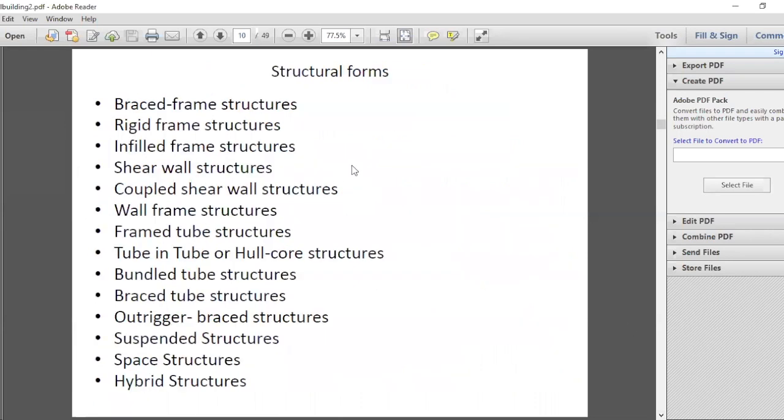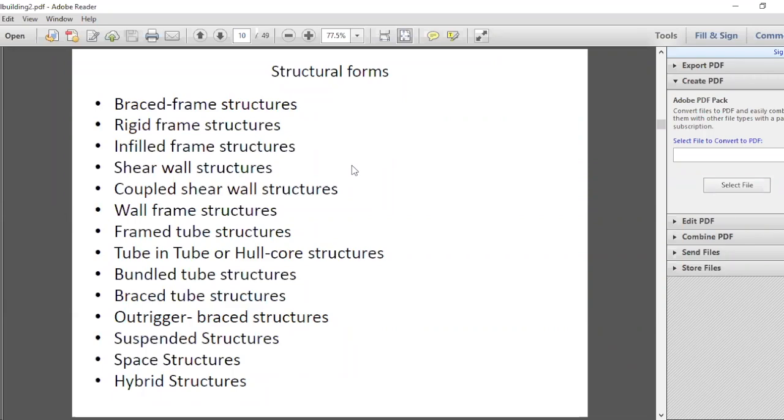Right. So with that background, we'll look at all the different types of structural forms that we can use in tall buildings.